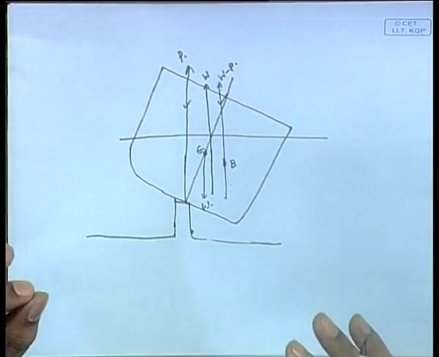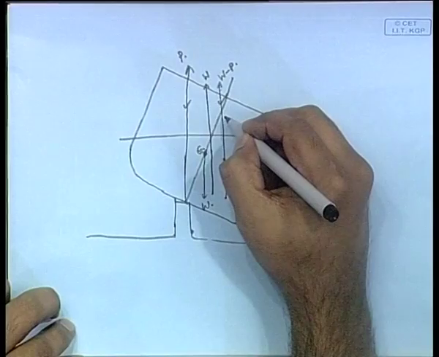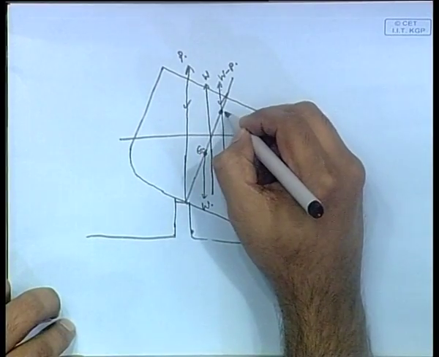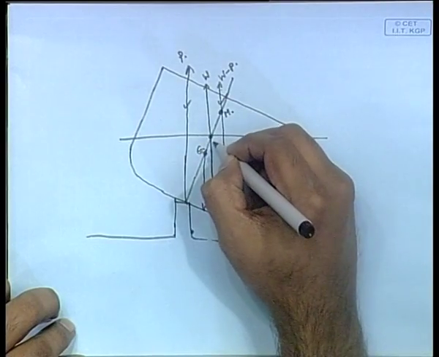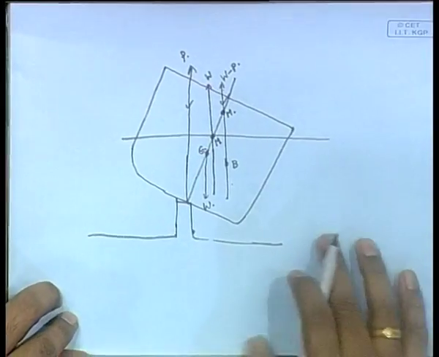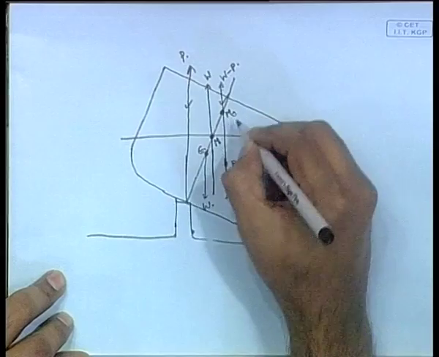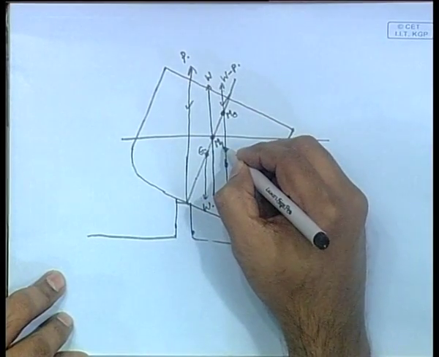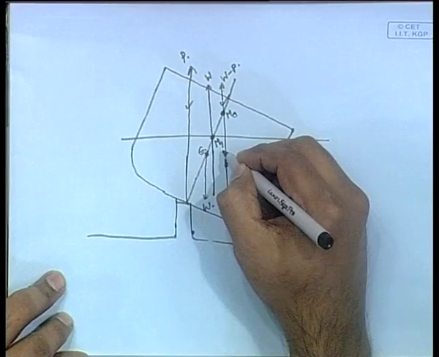What happens is that when you have this W minus P and an additional buoyancy force, your initial M is here. Now, because initially your M is here, your M actually can be assumed to be at M1 now.